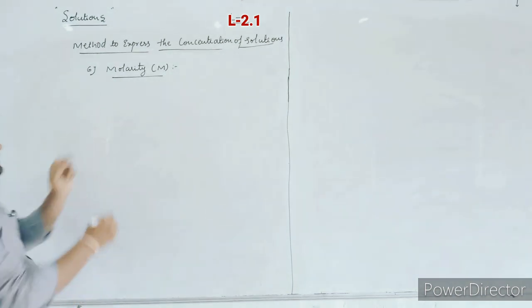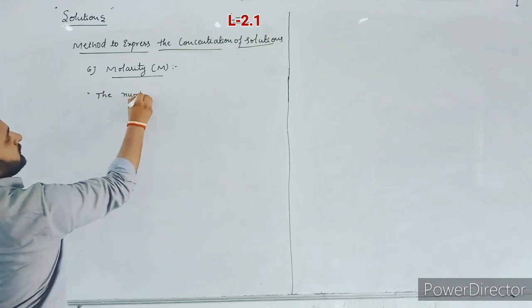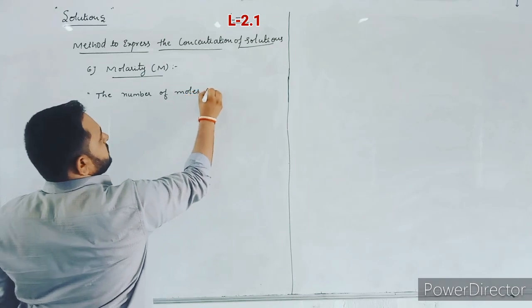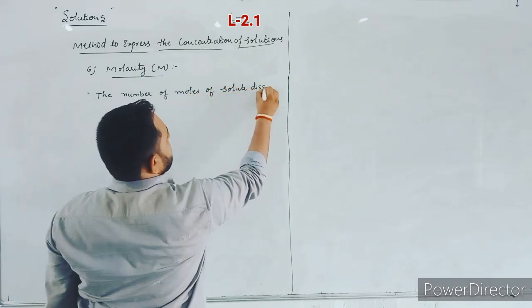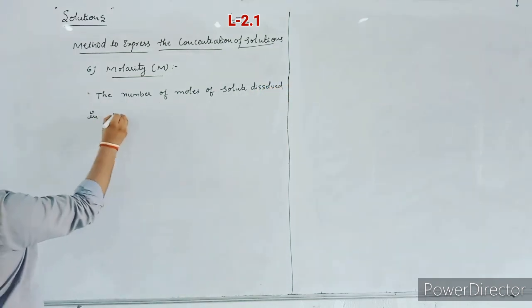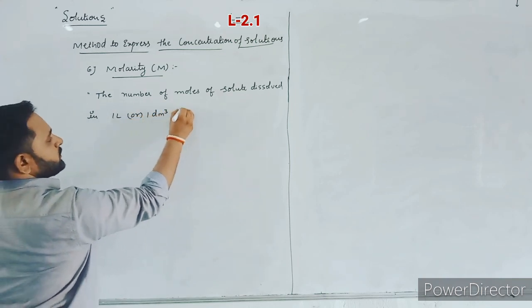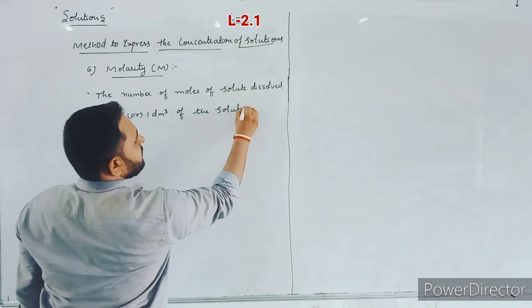Here I will write the definition. The number of moles of solute dissolved in 1 liter or 1 cubic decimeter of the solution is called molarity.